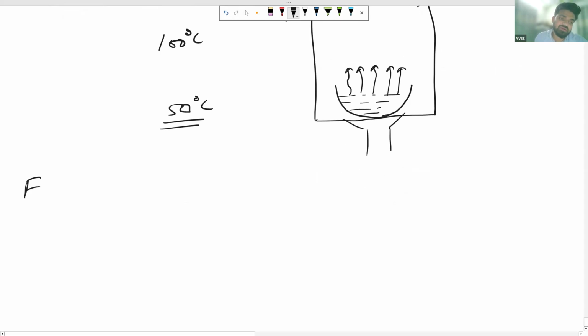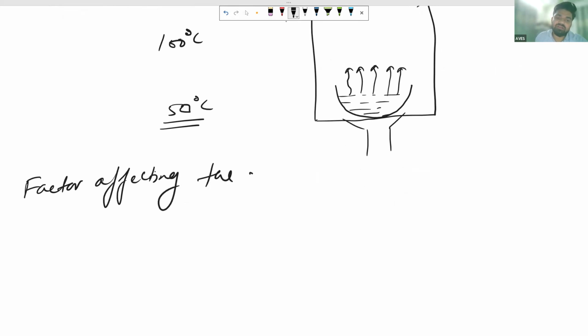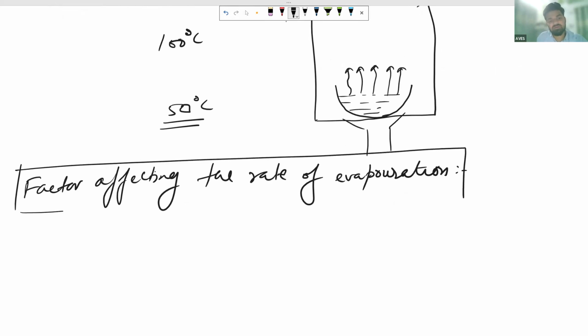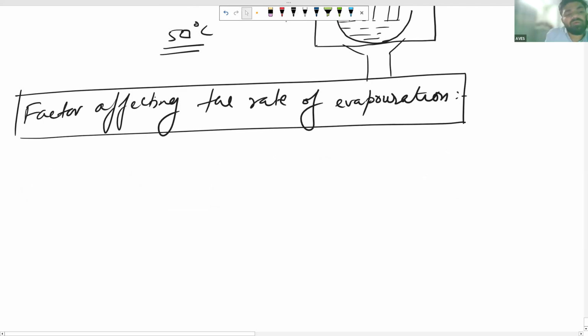Next topic is factors affecting the rate of evaporation. Tell me, what are the factors that affect the rate of evaporation?